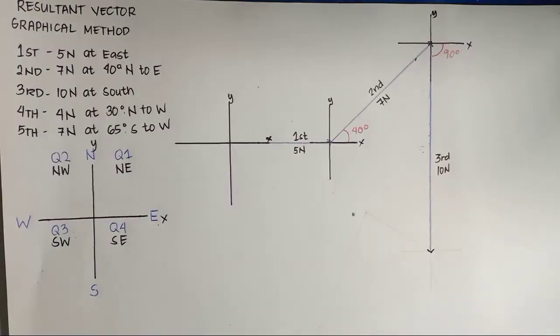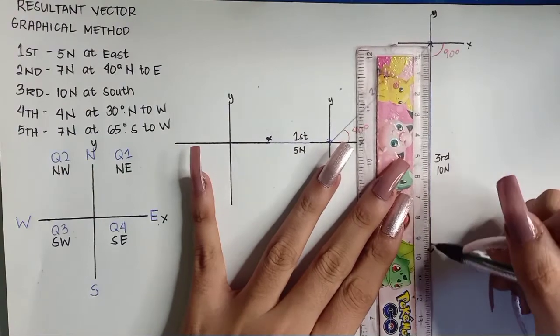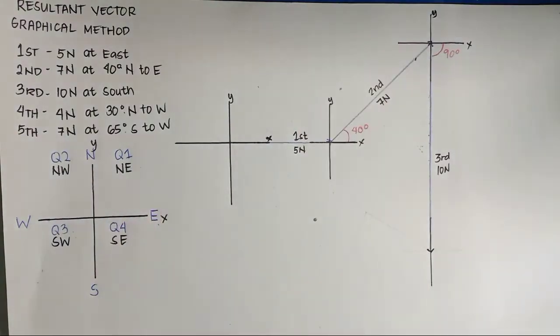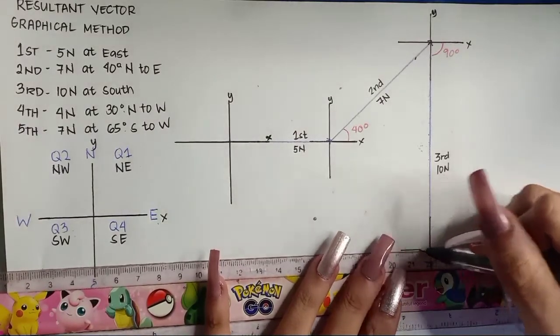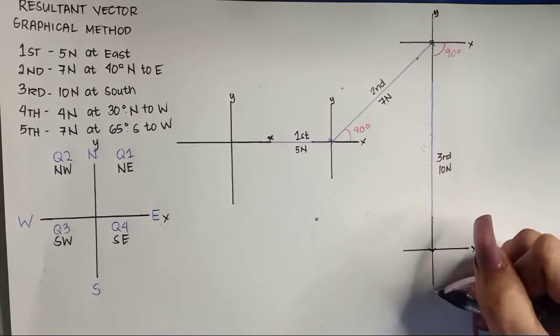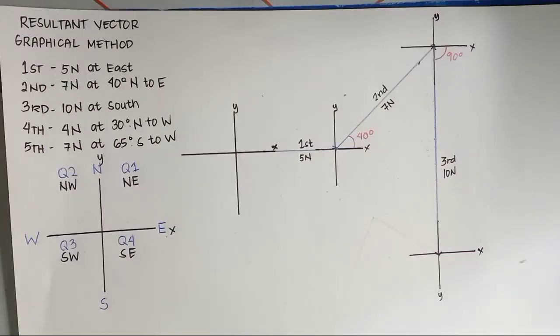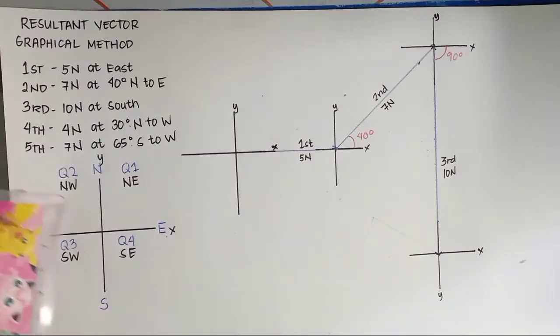And next, maglagay ulit tayo ng Cartesian plane for our fourth vector. So, ito na ulit yung bago nating x-axis and y-axis. So, ang sabi dito is 4 Newton at 30 degrees north to west. Ibig sabihin north to west, ibig sabihin pa ganyan siya.